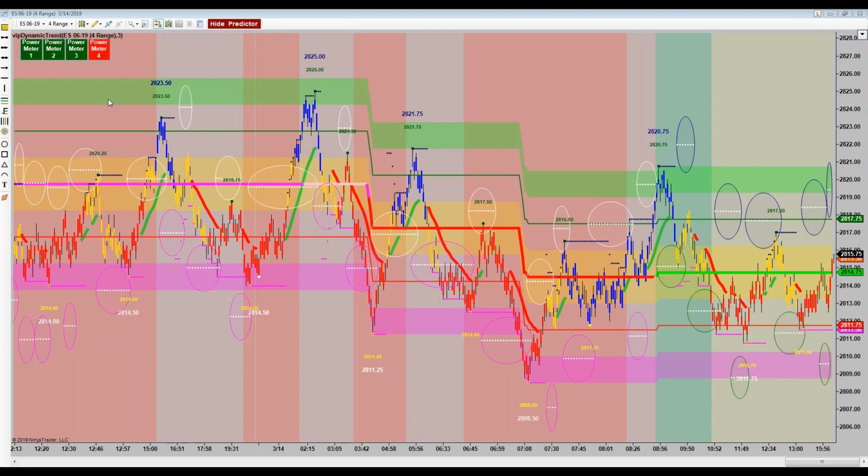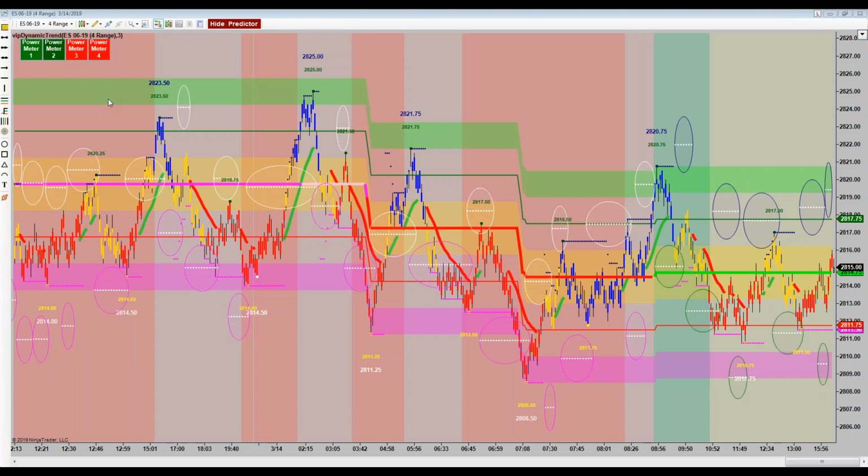It would be similar to if you have an Android phone, like a Samsung, or an Apple phone with iOS, and you have apps that run on it that do different things. It's very similar to that, only instead of the phone, you have Windows and NinjaTrader, which is the platform. And then our indicators run on top of it, like apps. And that's what you see on these charts.